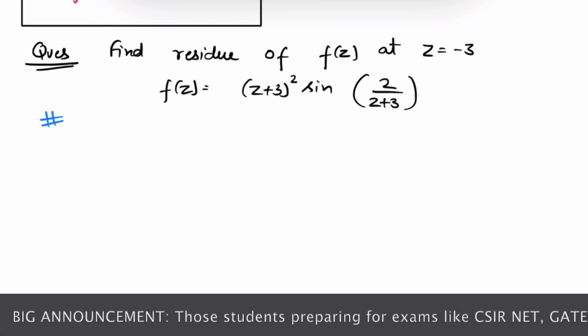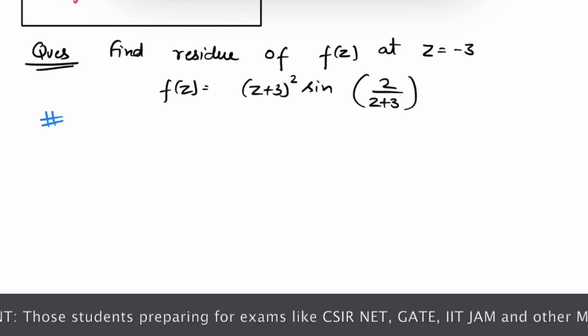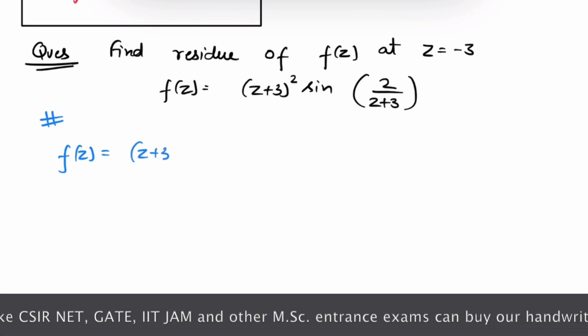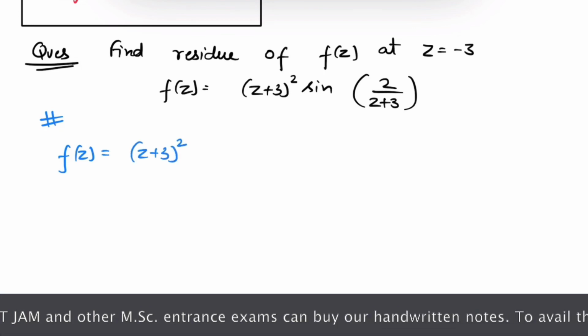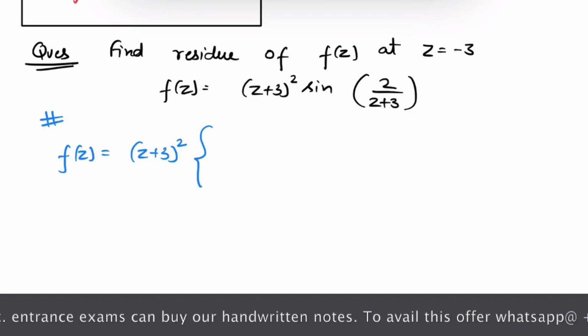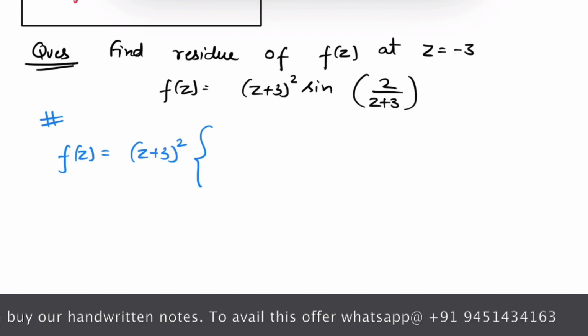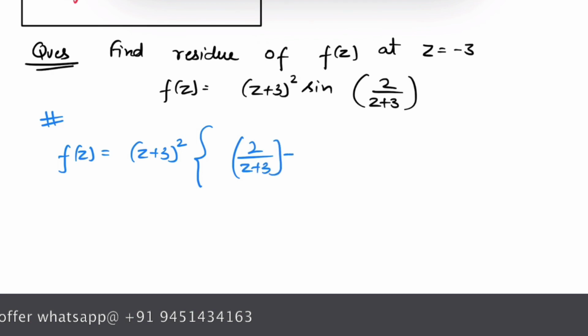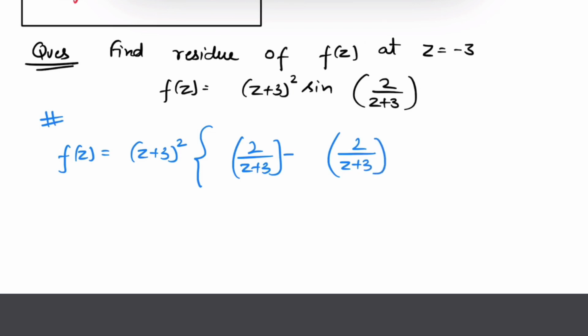Writing the expansion of function f of z, we have f of z equals z plus 3 whole square times the expansion of sine of 2 over z plus 3, which will be 2 over z plus 3 minus 2 over z plus 3 whole cube over factorial 3 and so on.